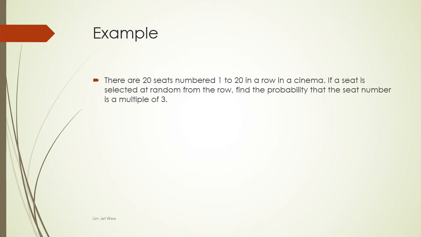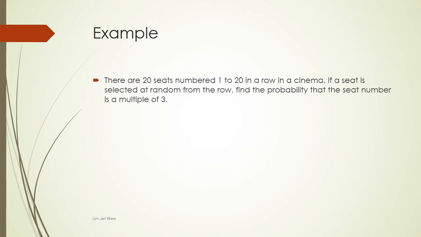Here's a typical question. There are 20 seats numbered 1 to 20 in a row in a cinema. If a seat is selected at random, so it means it's unbiased, from the row, find the probability that the seat number is a multiple of 3.